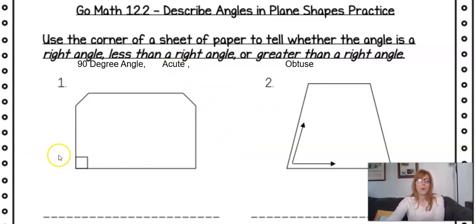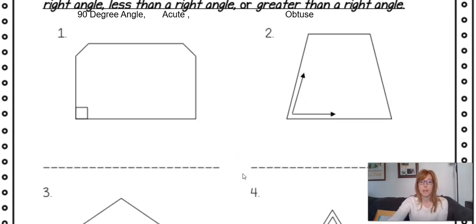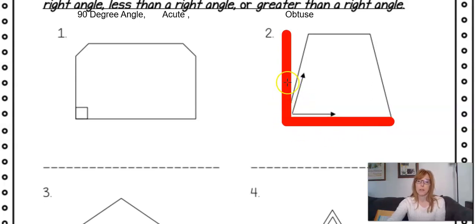All right, so down here you see this little square. That obviously lets you know that it is a 90-degree right angle. Then you have this angle right here, and if you were to draw this up straight here and follow this angle, you would see that right in here is where you would put your 90-degree angle.